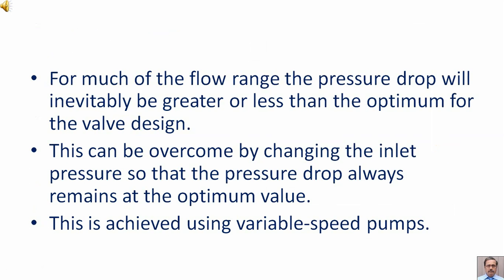For much of the flow range, the pressure drop will inevitably be greater or less than the optimum for the valve design. This can be overcome by changing the inlet pressure so that the pressure drop always remains at the optimum value. This is achieved using variable speed pumps.